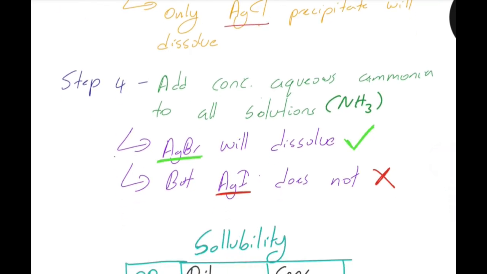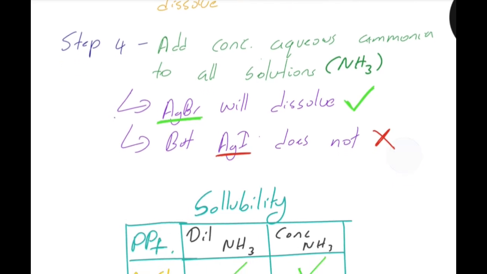So in step 4, we add concentrated aqueous ammonia to both precipitates. Once we add the concentrated ammonia, only the AgBr precipitate will dissolve, but AgI does not, which means silver bromide will dissolve, silver iodide won't.